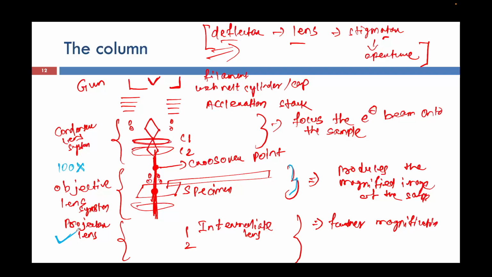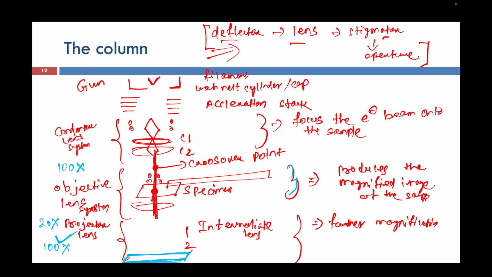Let's say this is 100x, and my intermediate lens is giving me 20x magnification. Similarly, I will keep one projector lens at 100x. When I keep the objective lens system and the projector lens system, this will be my final image.